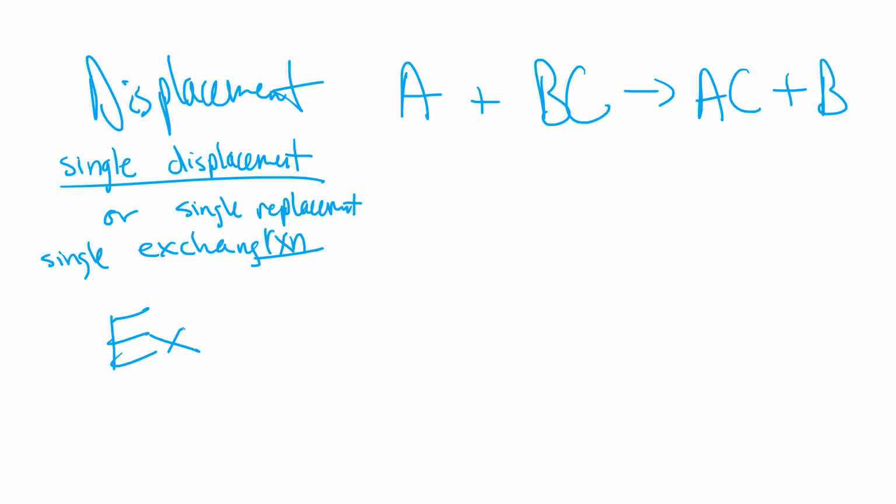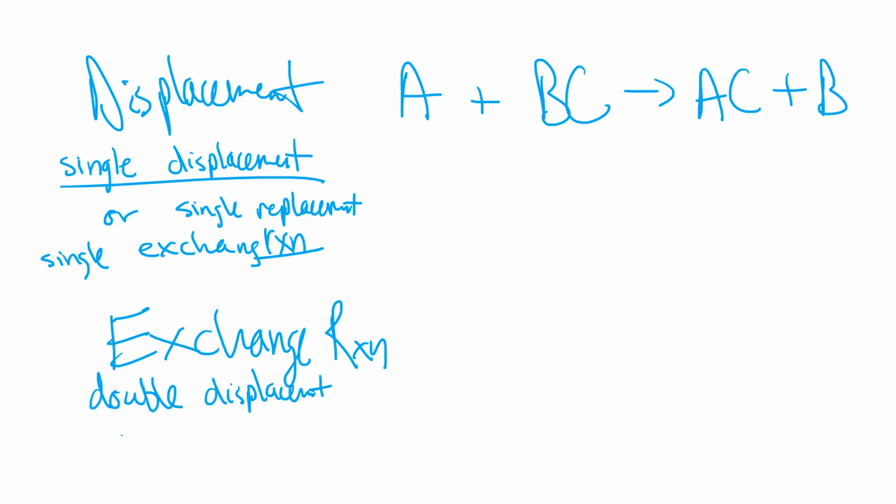Then you have what we call the exchange reaction, just to get confusing. This is called a double displacement or double replacement. And I'm giving you all of these names because these are the different names you'll see in different textbooks or different references.